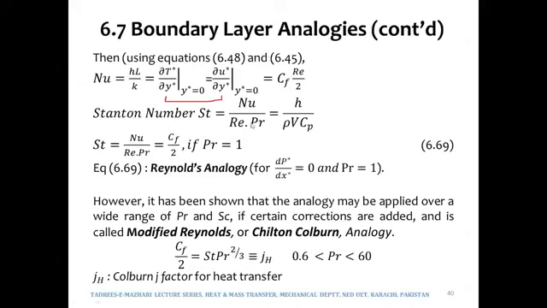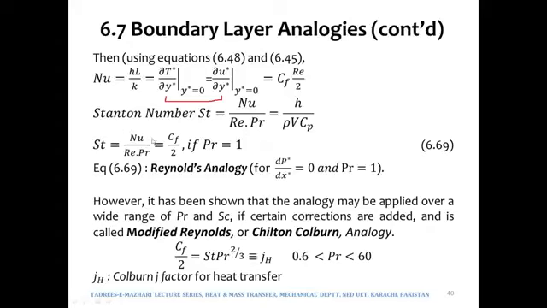So if you write Nusselt number as hL over k, Reynolds as rho VL over mu, and Prandtl number as mu Cp upon k, then we will get this expression, right? So it's not difficult to get this expression if we write the original expression of Nusselt number, Reynolds number, and Prandtl number.